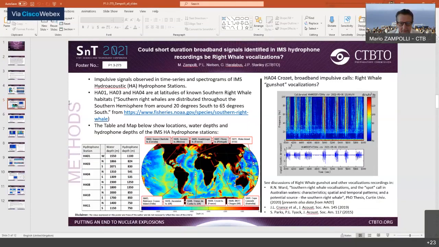So the first poster is about some short duration broadband signals which we see at hydrophone stations, which you see here on the right in the spectrogram.